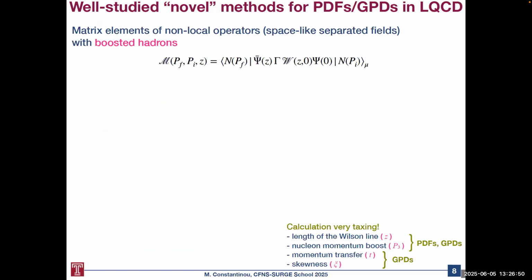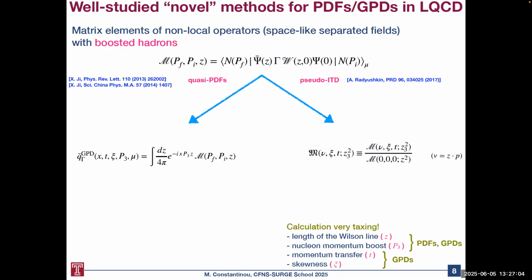Okay, let me talk a bit more about why this works. So this is what we calculate on the lattice. The fields are separated in the z direction, so it's spatially separated, not on the light cone. That is not a physical quantity.